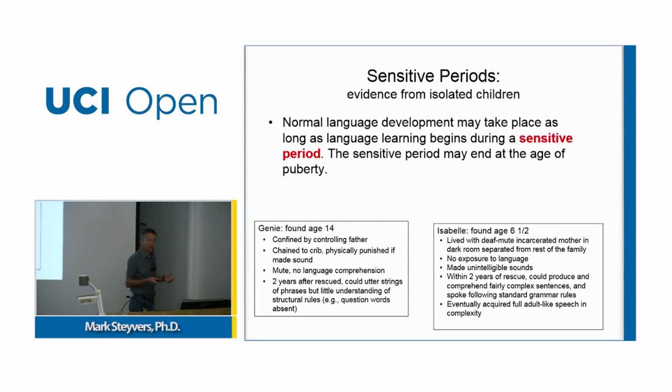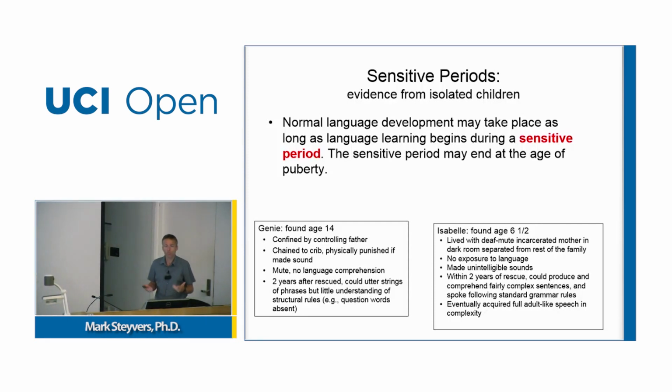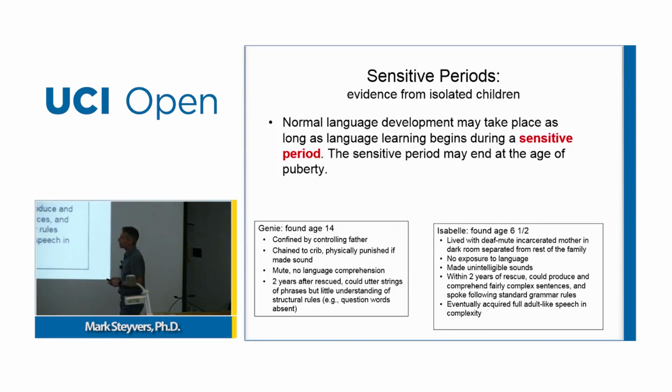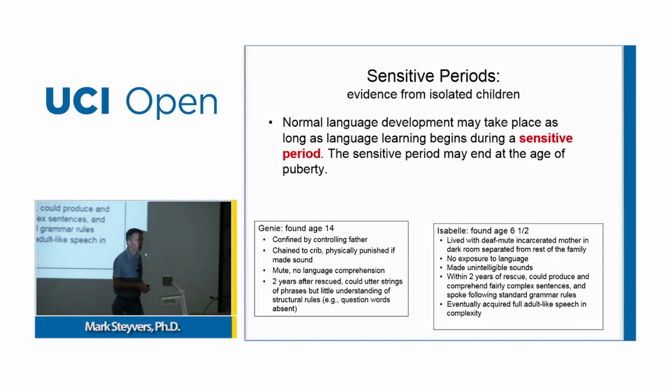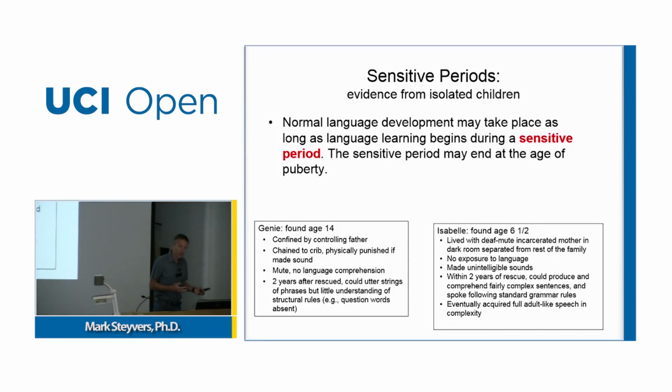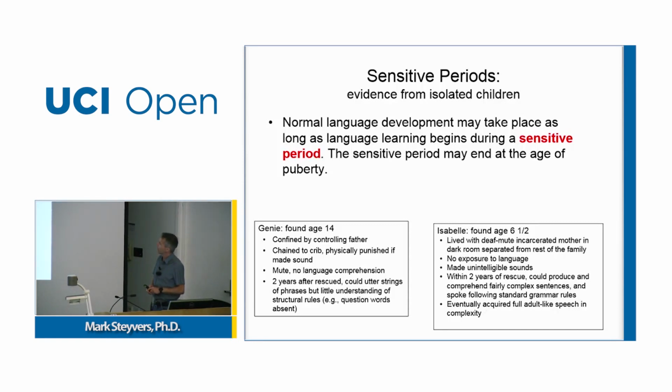Other researchers say that the presence of sensitive periods for language learning also points to a strong biological basis for language development. There are some very sad cases where children were not exposed to language at all for an early part of their life. Some of those kids recovered, and some did not. What really mattered was the age at which they were found and when they were exposed to a rich linguistic environment. There's the famous case of Jeannie from a Los Angeles suburb in the 1970s, who was abused by her father and never exposed to language.